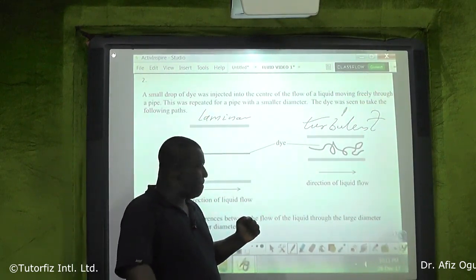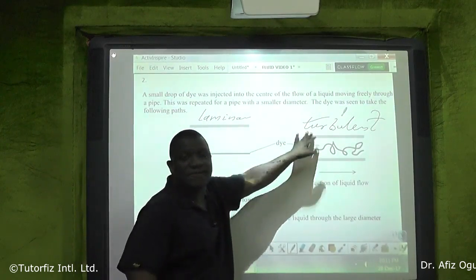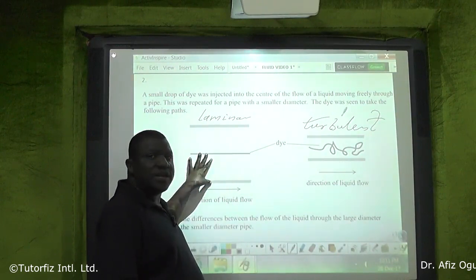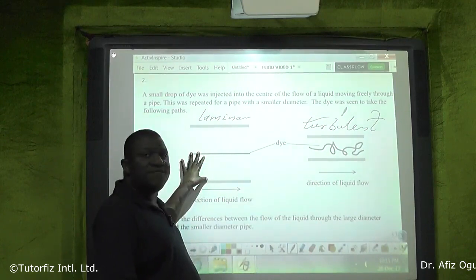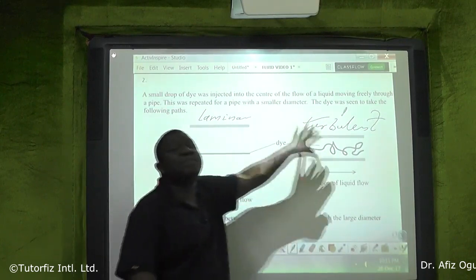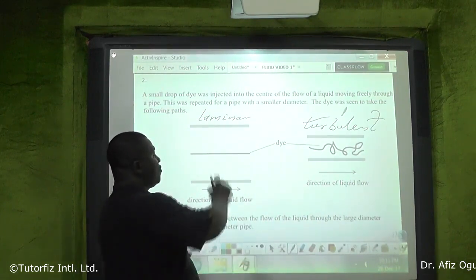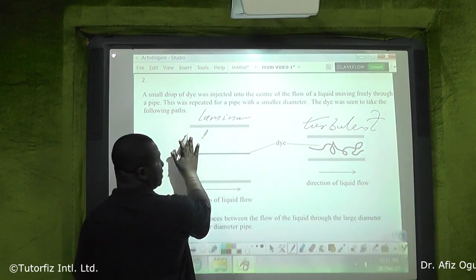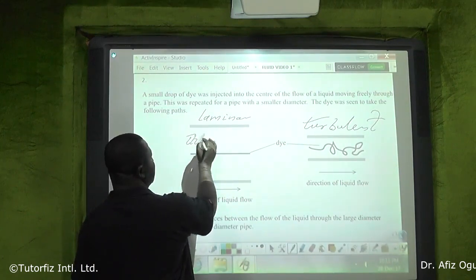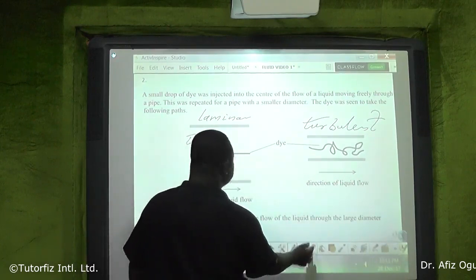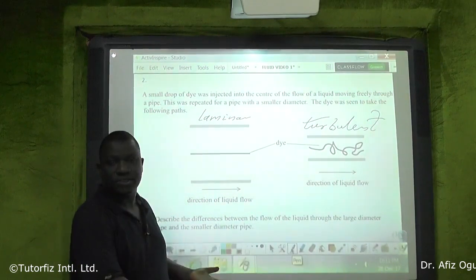Now tell them more. Laminar flow, turbulent flow. If you say this one behaves one way, and this one behaves in a different, opposite way, for writing that this one has behaved one way you get 1 mark, and for the opposite behaviour you get another mark. So you say there is no sudden change of direction here, but here you have sudden change of direction.